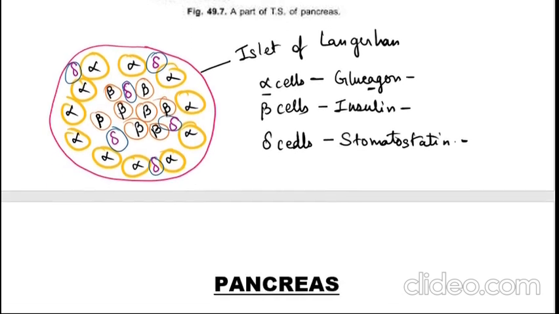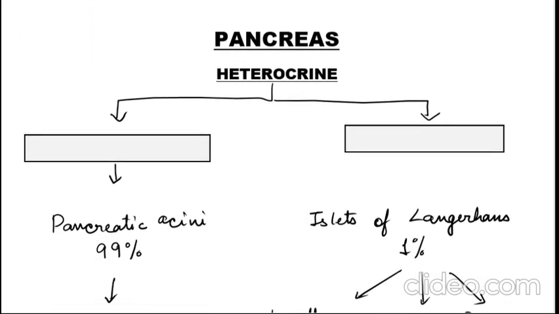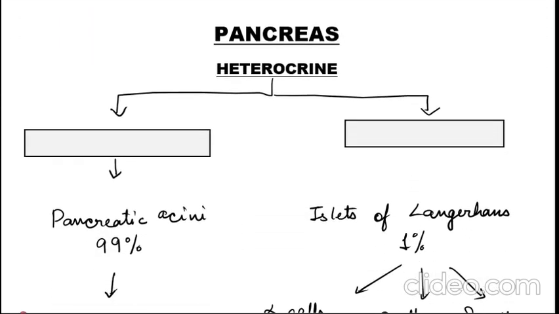Now, let's move on to the endocrine part. Our pancreas is actually a heterocrine organ. What do you mean by that? Heterocrine means one part is exocrine and the other part is endocrine.